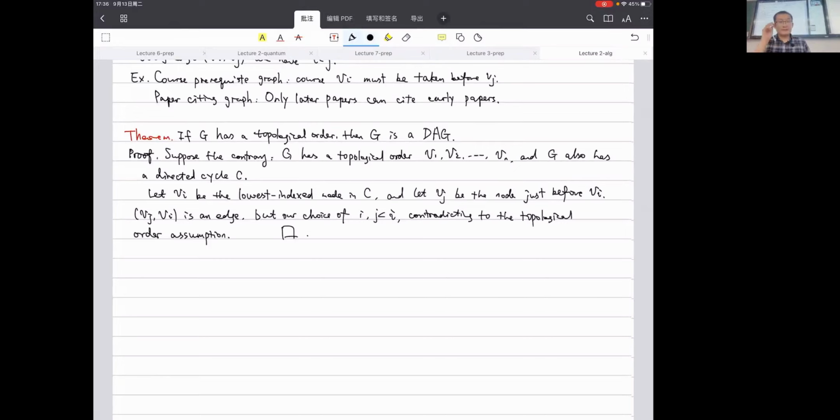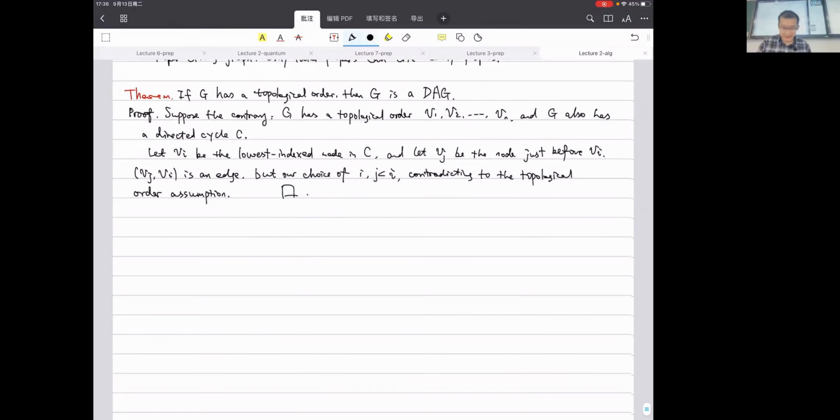Any questions? I think this is relatively easy to see. And of course, since I'm proving a one-way statement, if G has a topological order, then G is a DAG.